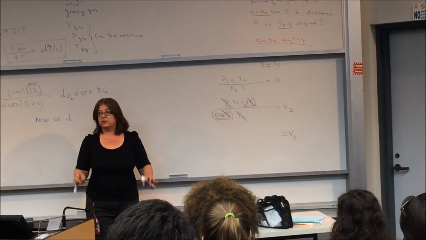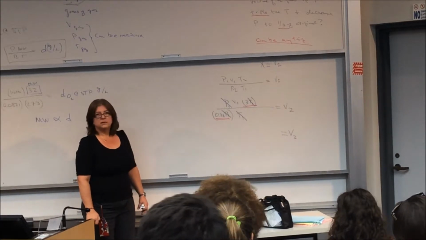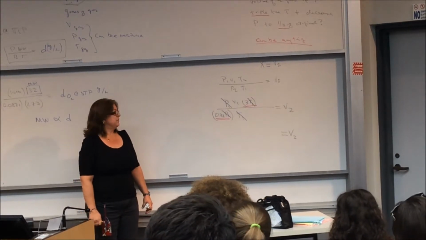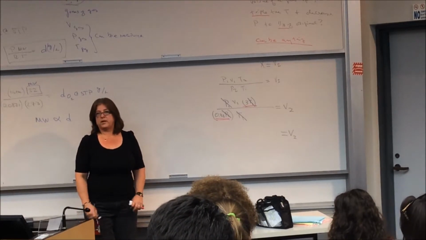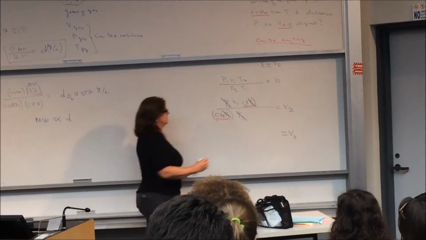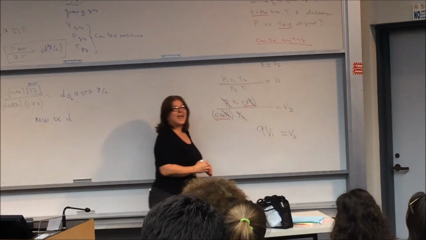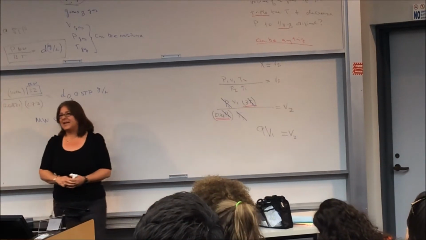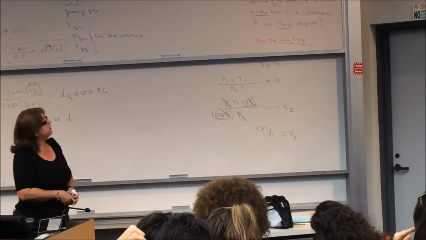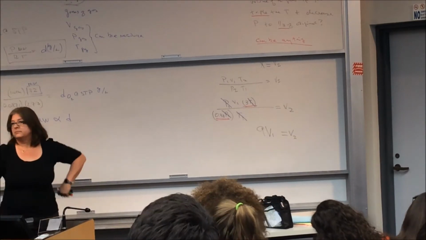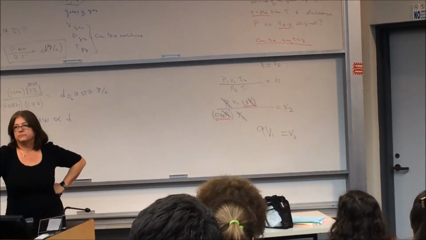If you're unsure, grab the calculator. 3 divided by 0.3 is 9 V1. What happens to the volume of a gas when I cut the pressure to 1/3 of the original and triple the temperature? It goes to 9 times as much.